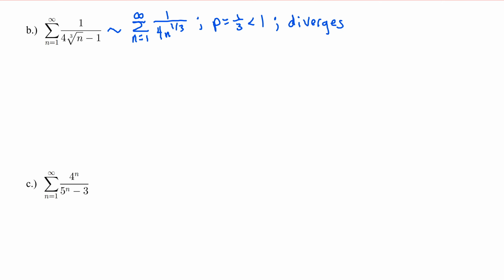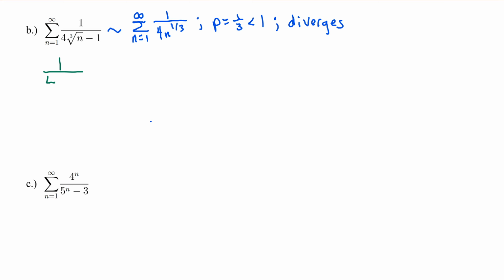Since this one is divergent and we're attempting to compare it to the given series, we want to show that the known series is smaller than the given series. Remember, if your series is bigger than a divergent series, it also must diverge.